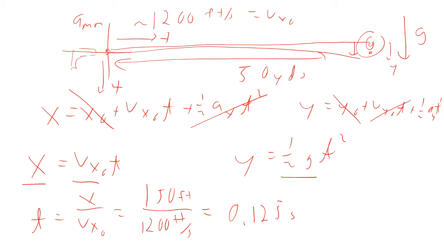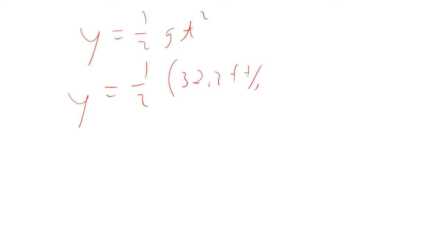Okay, so y was 1/2 g t squared. So y is going to be 1/2 times 32.2 feet per second squared times 0.125 seconds squared. So y equals 0.252 feet.